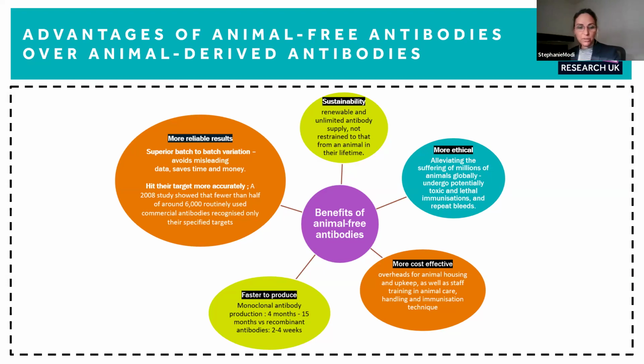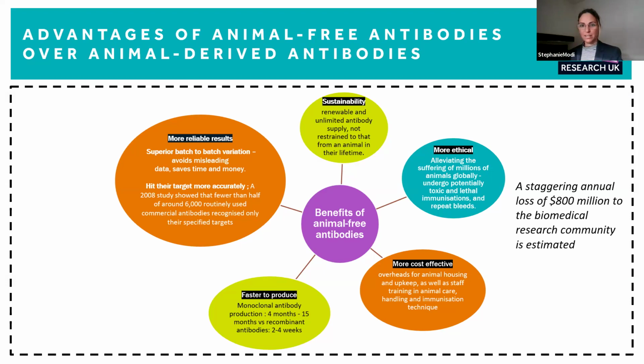They're also faster to produce. So monoclonal antibodies take between 4 and 15 months, and recombinants can take between 2 and 4 weeks to produce. So there's in fact a staggering loss of $800 million estimated to the biomedical research community from using animal-derived antibodies.